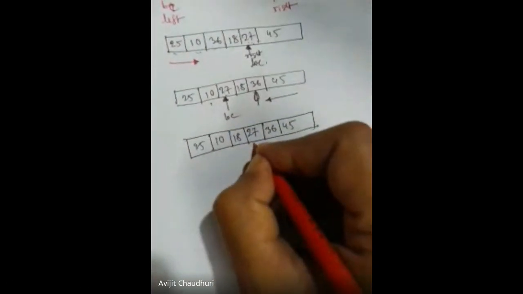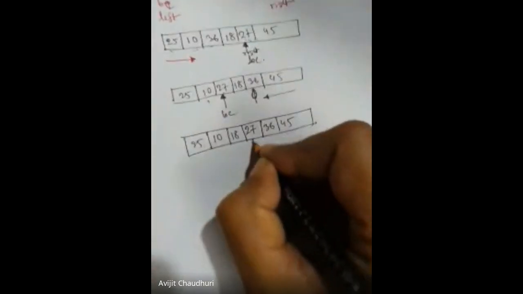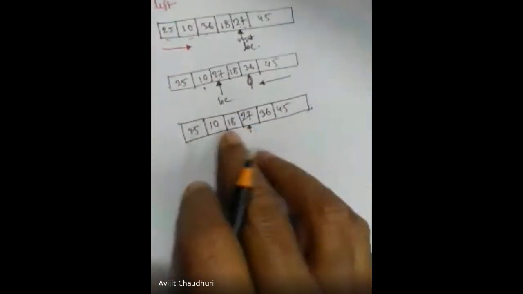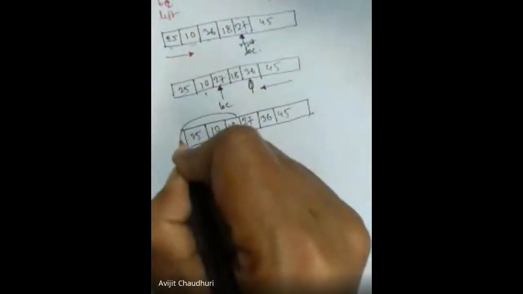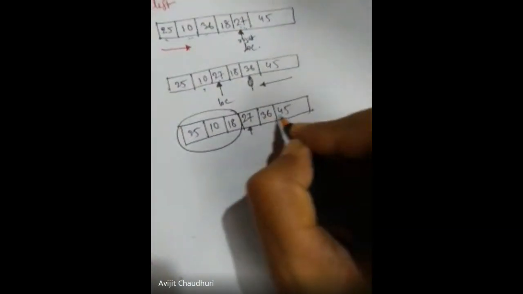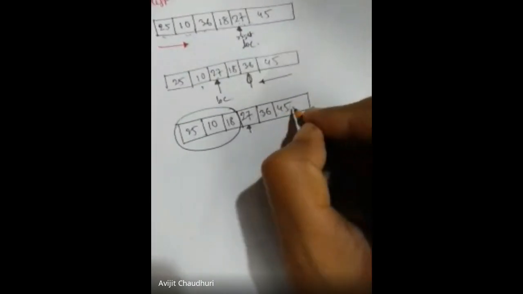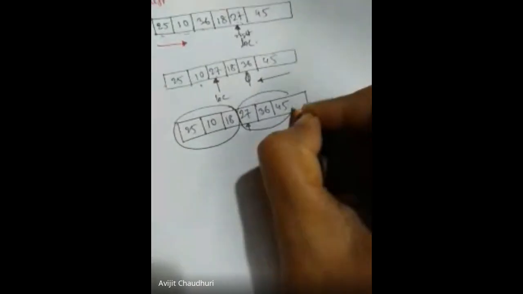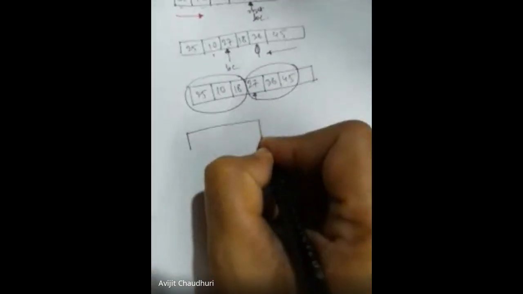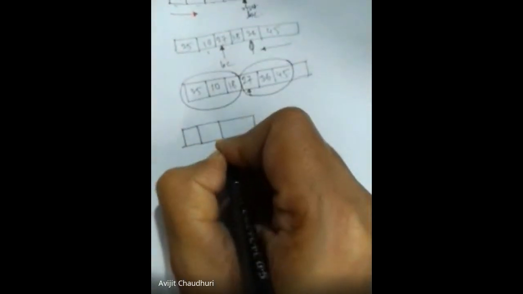Now see, the pointer is on 27. All the elements left of 27 are smaller than 27, and all the elements right of 27 are higher than 27. So it has been divided into two sub-arrays. Then you have to start the same methodology recursively, for 25, 10, 18.